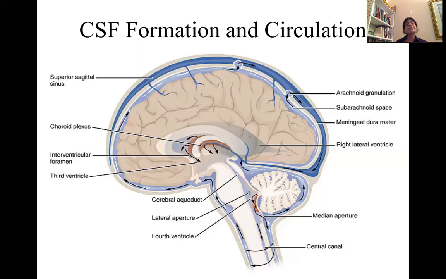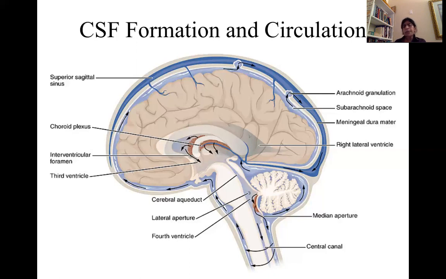So it can happen in 3 different locations: the lateral ventricle, then the third ventricle, and then the fourth ventricle, with the help of choroid plexus. That is the setup that exists. That is the arrangement that allows the brain to secrete or make cerebrospinal fluid.